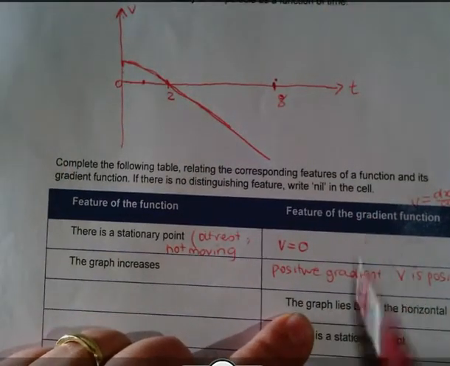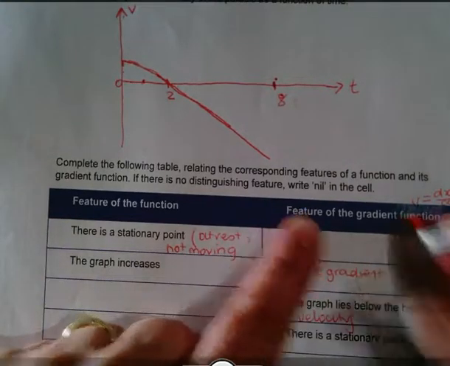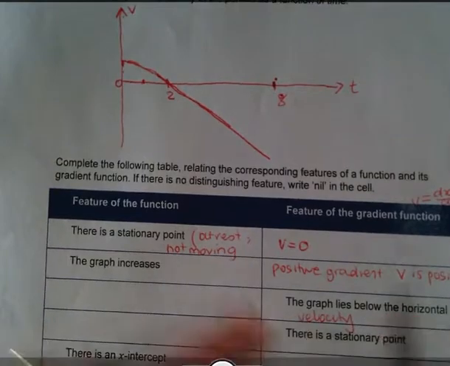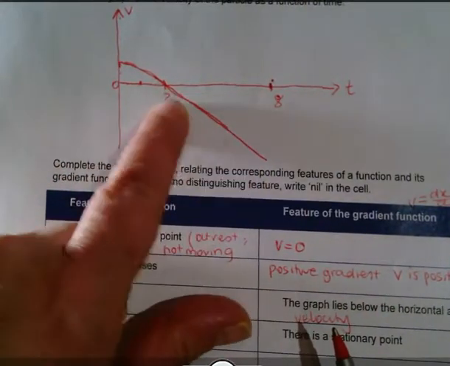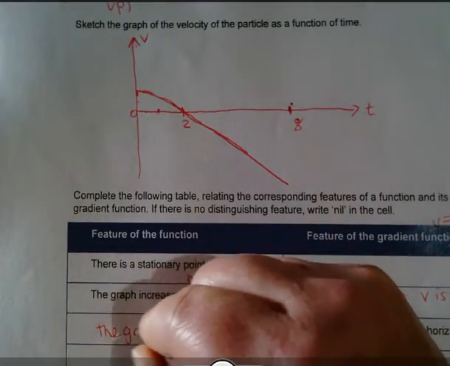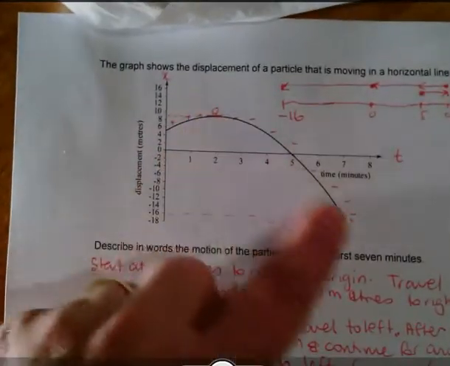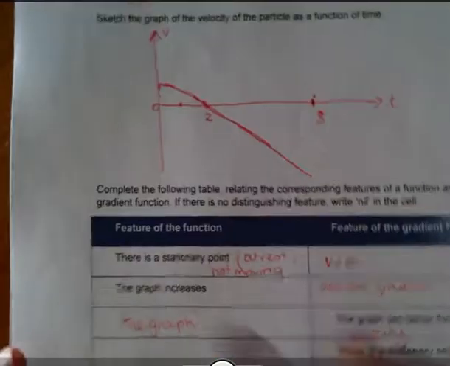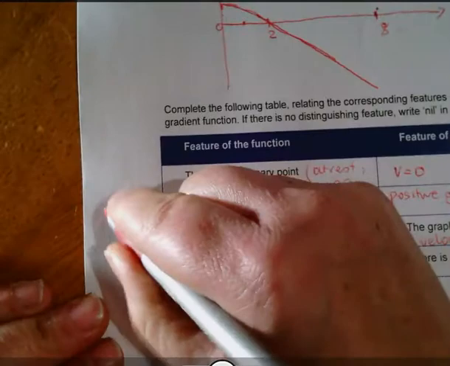Now, if I've got negative velocity, so if my gradient function, which is my velocity function, lies below the horizontal axis, I've got negative velocity. That means that my graph, if we see what these values correspond to, is decreasing. So the graph decreases.